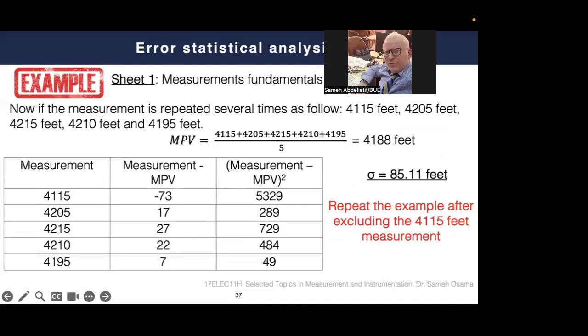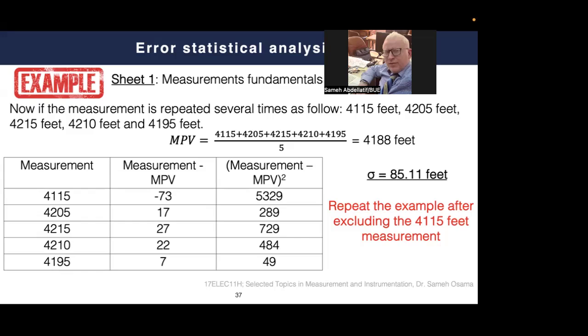But here you can see that we have evaluated the divergence in the measurements. Again, when we do this experiment, we don't know the exact or the true value. We are just comparing results together. So my suggestion for you is to repeat the same experiment, but excluding the 5115.